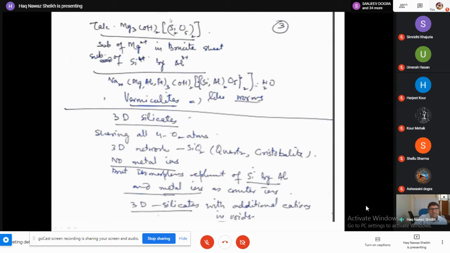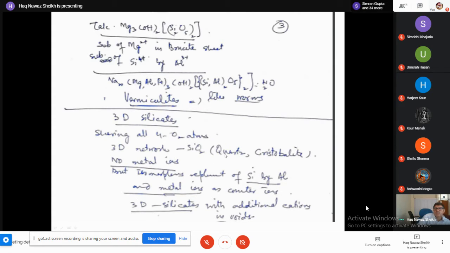I was refreshing it. Now the 3D silicates: when we share all 4 oxygen atoms in the silicon tetrahedron, there is no charge on the 3D lattice that we generate. We get a network type of structure, a diamond type of structure, in which every silicon is linked with 4 oxygens, and each of these oxygens is bridging 2 silicon tetrahedra across the 3-dimensional network.